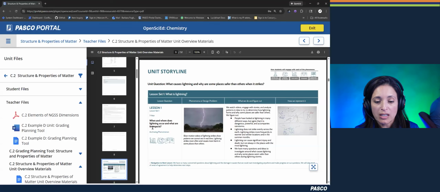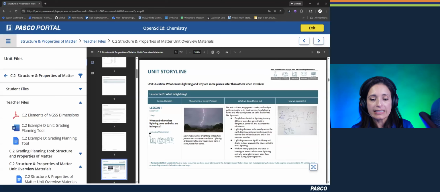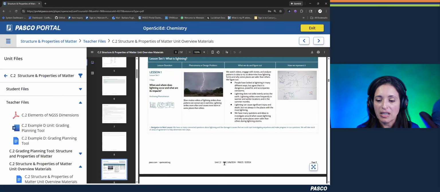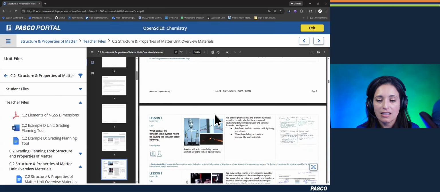Also the question that you're primarily investigating in that lesson, and then which of the routines it covers. So the anchoring phenomenon on that storyline routine here. And then at the bottom, remember we said that continuity and sense making is really important. So down at the bottom here, it says what's coming up in the next lesson to reiterate the continuity between lessons. Then in the next lesson, here's the summary. This is investigation routine.